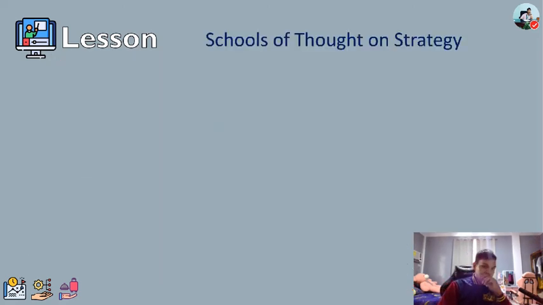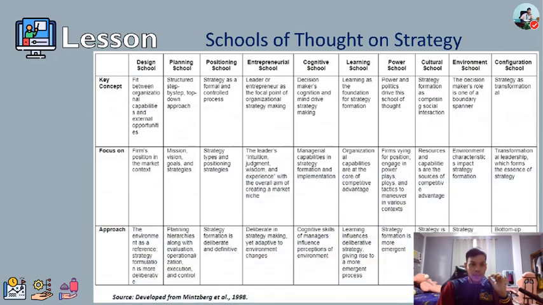All right, so I have shown you here the development from Mintzberg et al., 1998. This is an example of schools of thought on strategy. In the 1990s, globalization led to the emergence of network strategies and strategic alliances. These are examples of schools of thought in strategy. We will not discuss them one by one because we only have limited time.